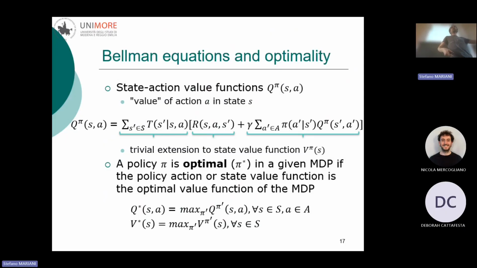I just did a step more. So now it is quite easy to define what an optimal policy is. An optimal policy is a policy that always picks the best action or always picks the best next state. That's it. It's a trivial definition of optimality.